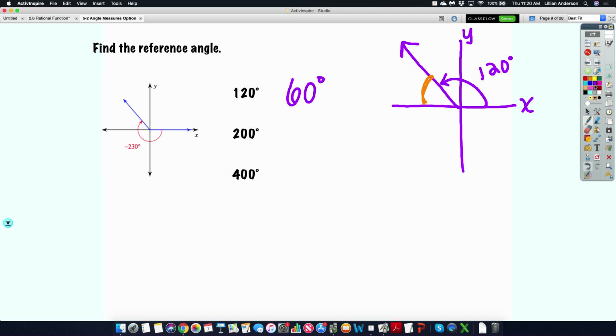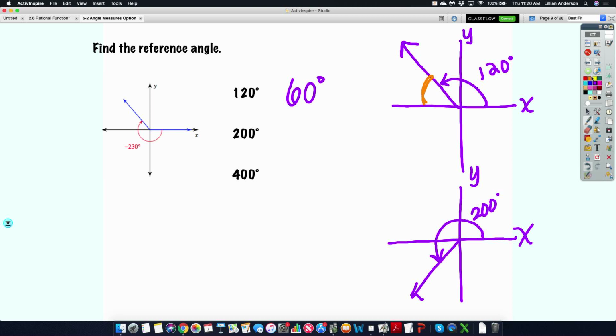What about 200? What quadrant does 200 lie in? Quadrant 3. And that's if I go, again, in a counterclockwise direction, 200 degrees. So if it's in quadrant 3, I need the acute angle. Remember, it's always with which axis?